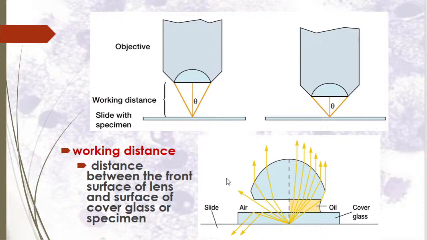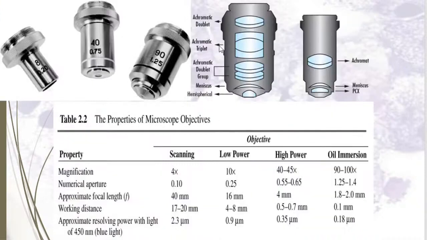And how are we to use this for our microscopic investigations? Look, this is the structure of an objective lens. This is achromatic and apochromatic, specially designed to reduce aberration, chromatic aberration, inside microscopes.